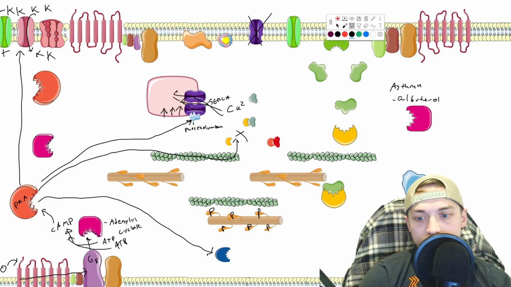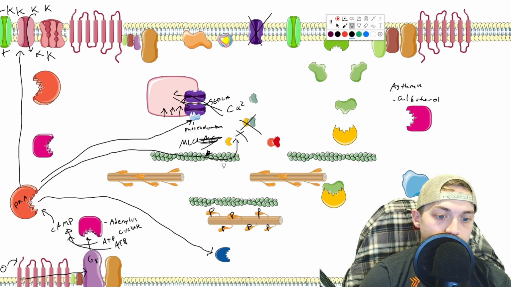The other thing protein kinase A is going to do is come up here to our myosin light chain kinase, MLCK. It is going to change its shape so that it can no longer form this calmodulin myosin light chain kinase complex.